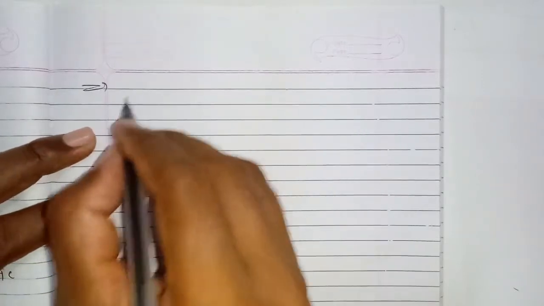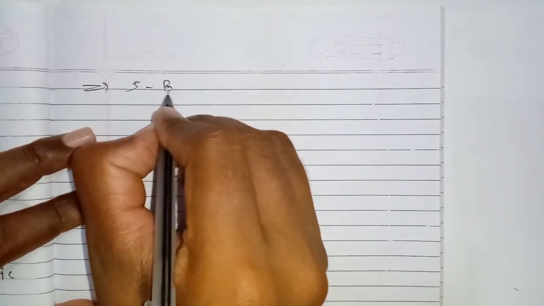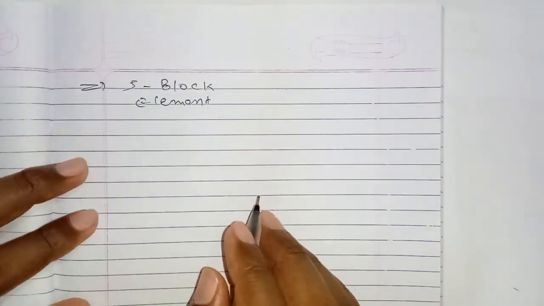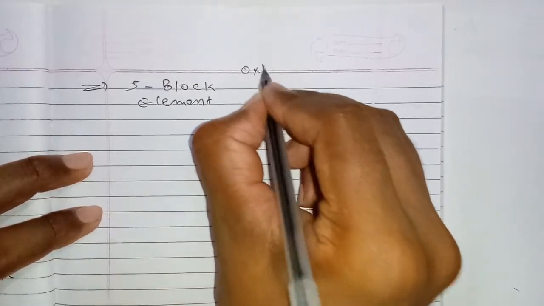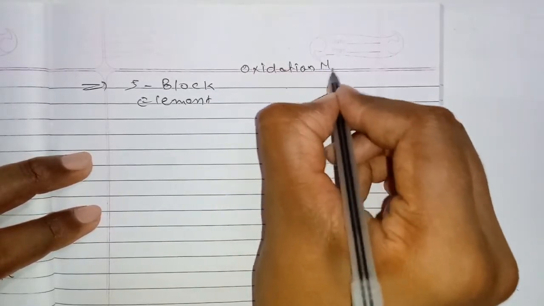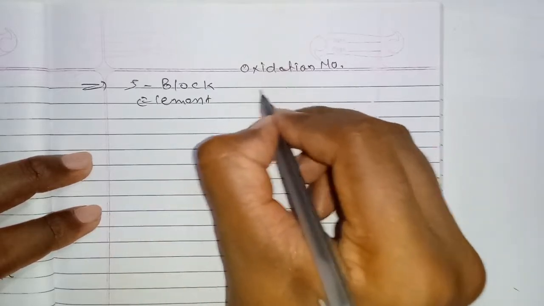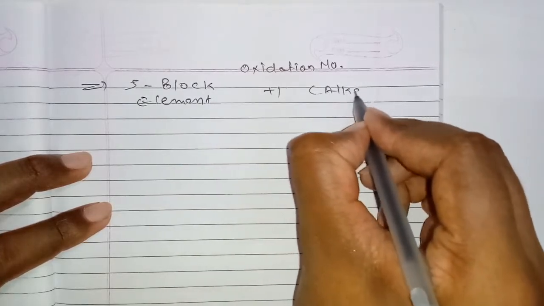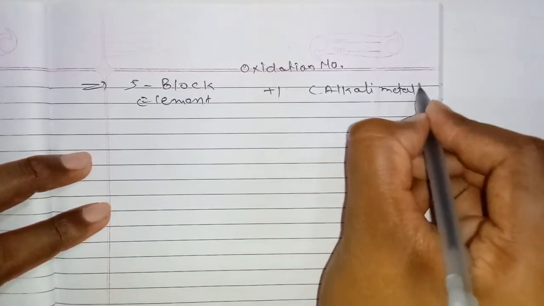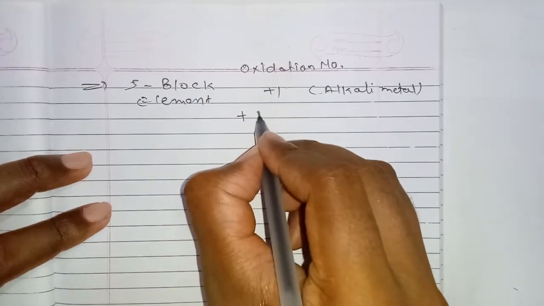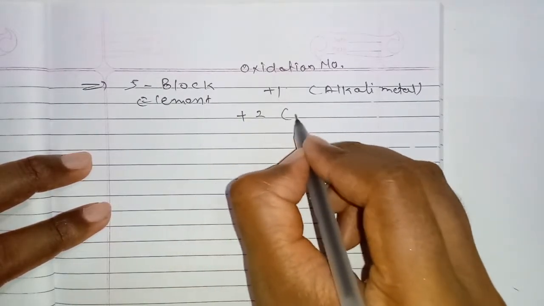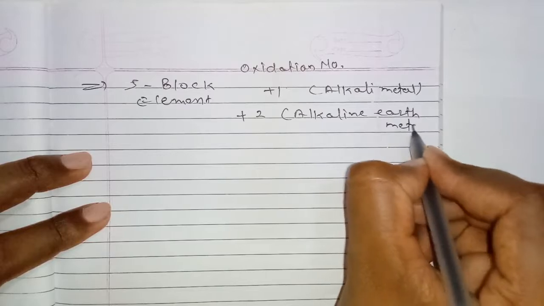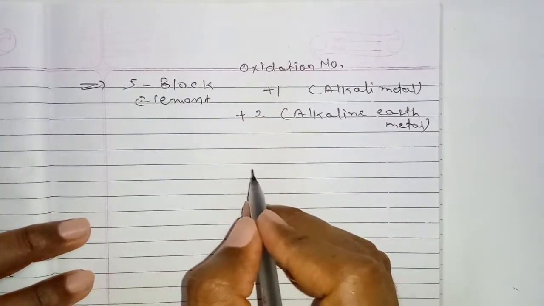So, as per the s block elements, the oxidation number plus 1 is for alkali metals, and oxidation number plus 2 is for alkaline earth metals.